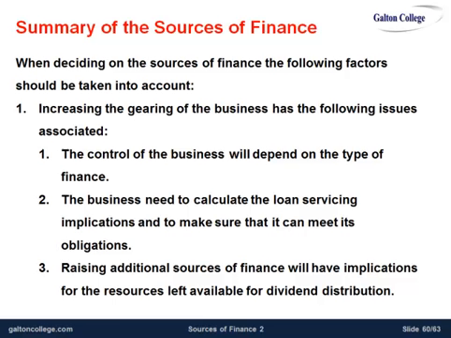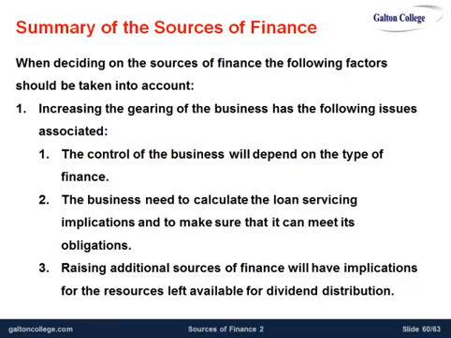So, summary of the sources of finance. Increased gearing has problems, increased borrowing has problems. Control of the business depends on the type of finance, I should say. The business needs to calculate the loan servicing implications, make sure it can meet the obligations.